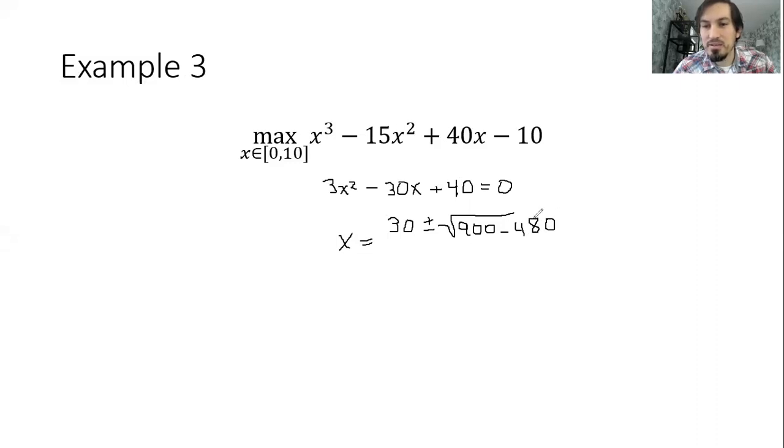This is not going to be a perfect square underneath here. What a jerk. I gave you something that isn't even rational, because the square root is going to make it irrational, I believe. Because hey, 900 minus 480, that's 420, isn't it? Hey, 420.